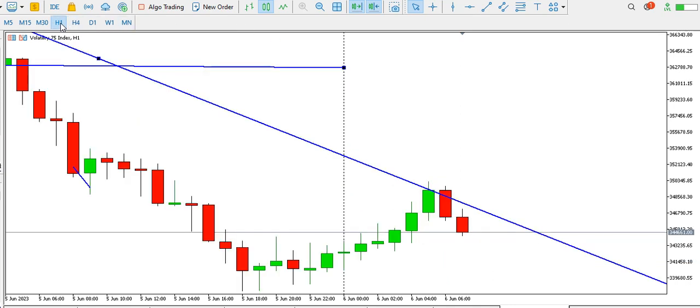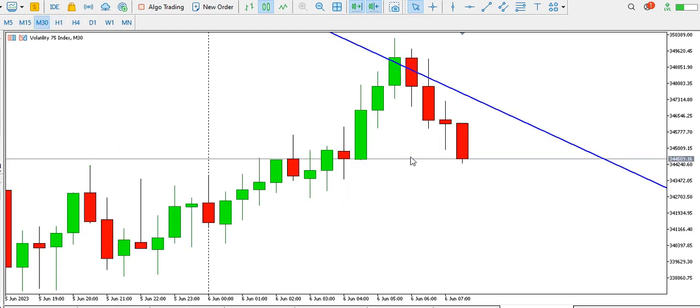On the 1-hour time frame, we can see this tweezer top. This tweezer top is a bearish candlestick reversal pattern or retracement pattern, and price is currently retracing this short move for the bearish trend to continue. So if you are going to trade volatility 75 index, I advise you place a sell order. You try to sell volatility 75 index.